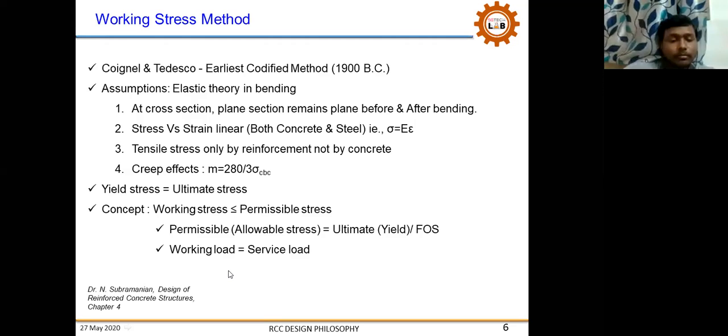Next problem is that they consider only the working load, what all loads can come, like the weight it is going to act upon. Put together, they have designed this one. That is why they call it working load, that is service load, whatever the service requirement is.